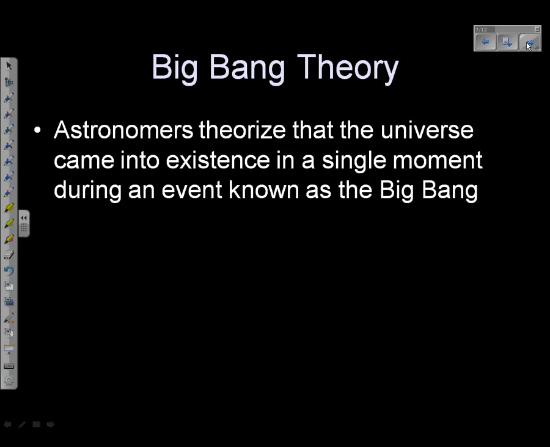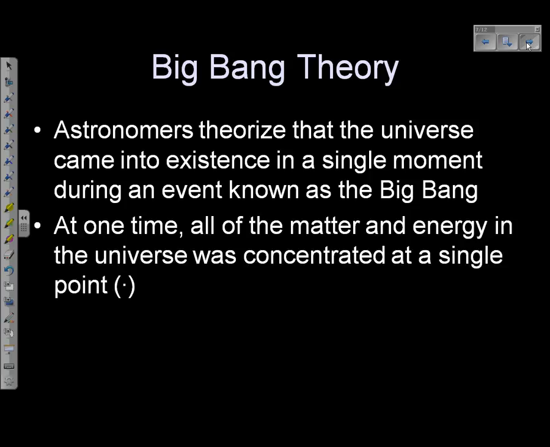That at one point, approximately 15 billion years ago, all of the matter and energy in the universe was concentrated in a single point. Now, was it as big as the period at the end of this sentence? I don't know, maybe. But everything that we know that exists in the universe, stars, planets, meteors, all that other stuff, at one point existed all together.